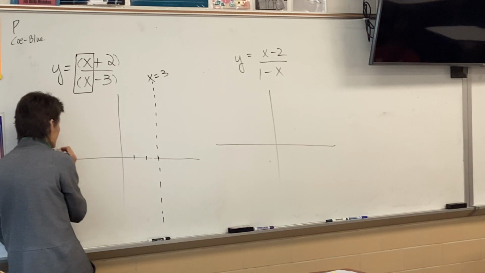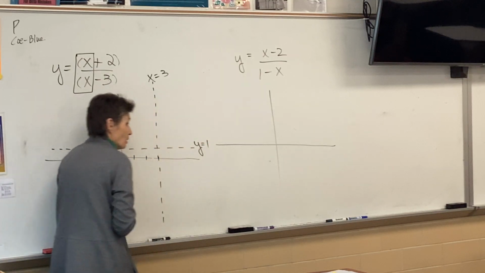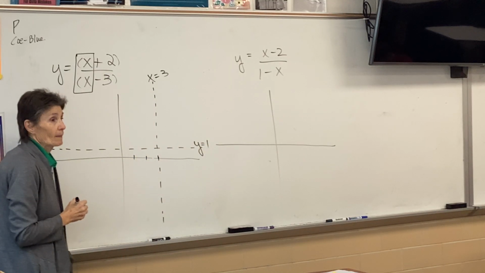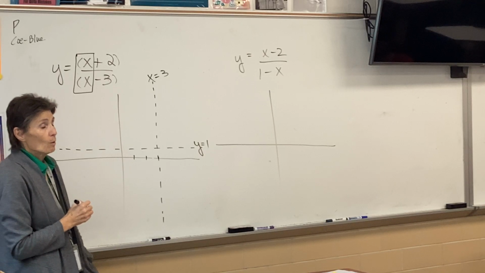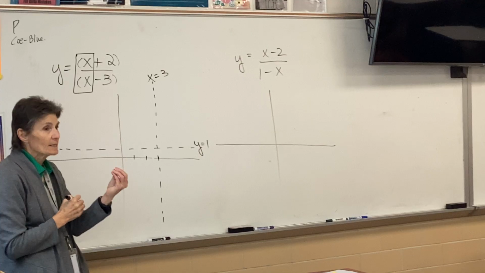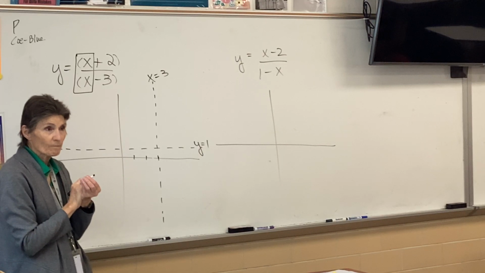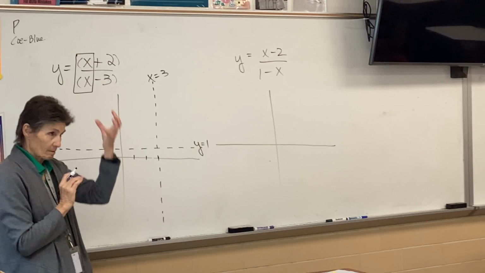So my horizontal asymptote is at y equals 1. Now, where does the vertical asymptote come from? Denominator. Where does the horizontal asymptote come from? Boxes, right?